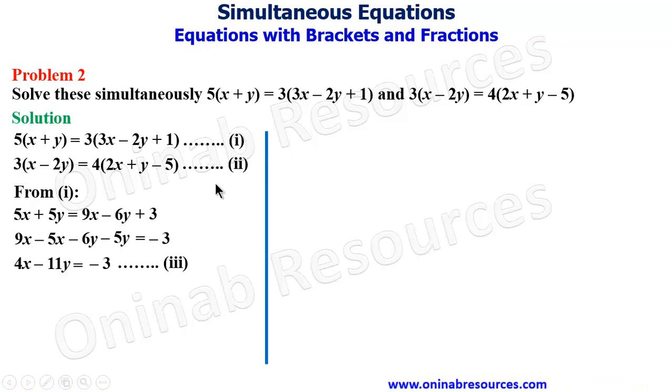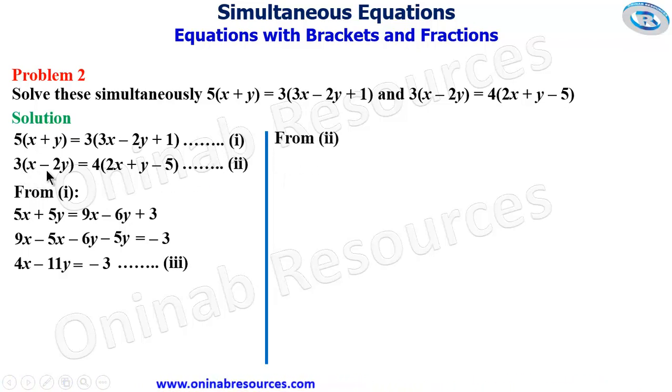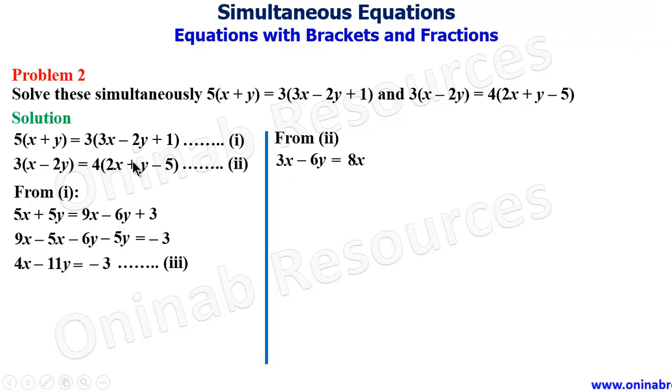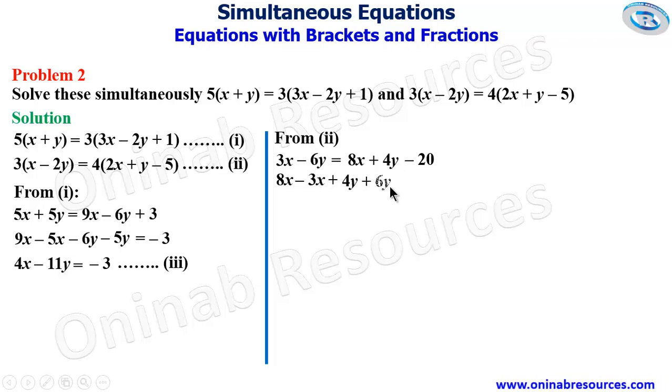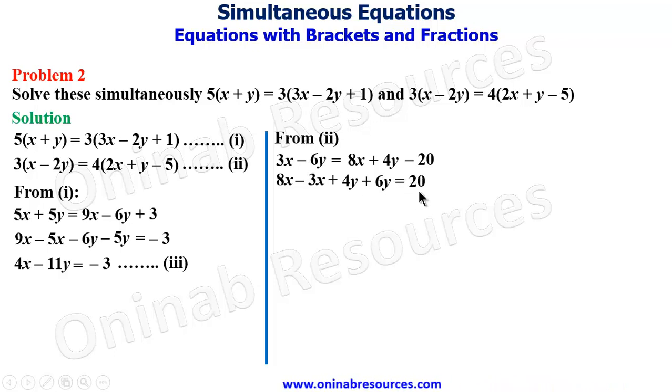We now go to equation 2. So from equation 2, we have 3x - 6y = 8x + 4y - 20. That is, we have expanded, and we collect the like terms in the same way. We have 8x - 3x, plus 4y plus 6y, is equal to 20.